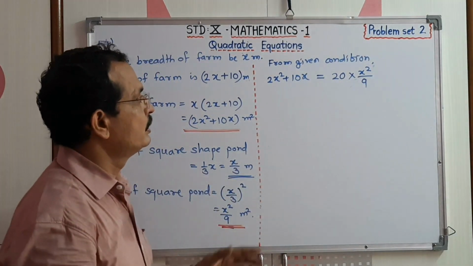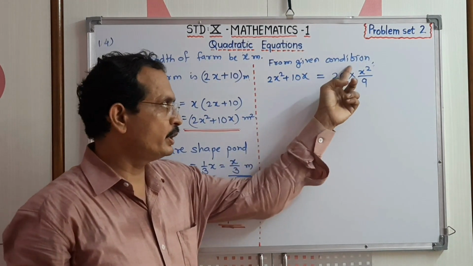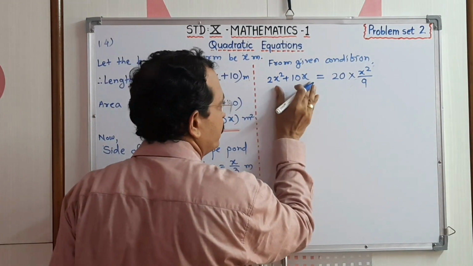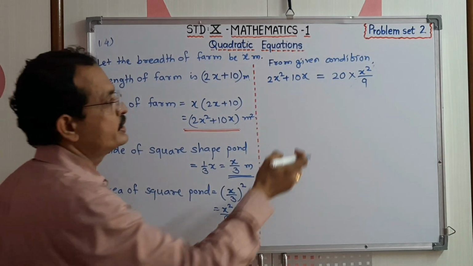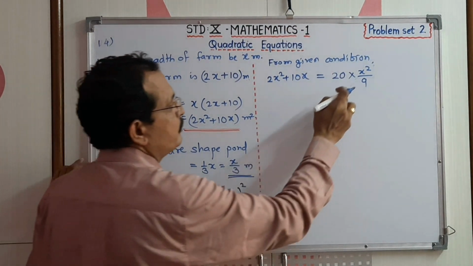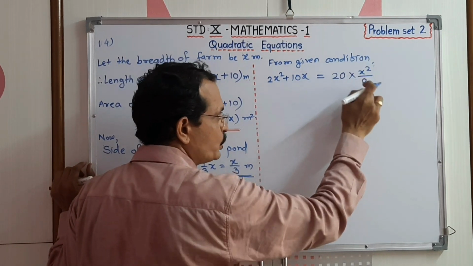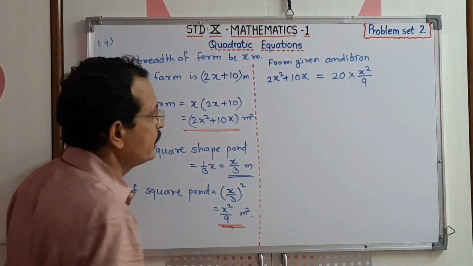Now see here, 2x square plus 10x is equal to 20 into x square upon 9. This is the area of a farm, and it is 20 times the area of the pond. That means we have to multiply the area of the pond by 20. Therefore, the area of the pond is x square upon 9.